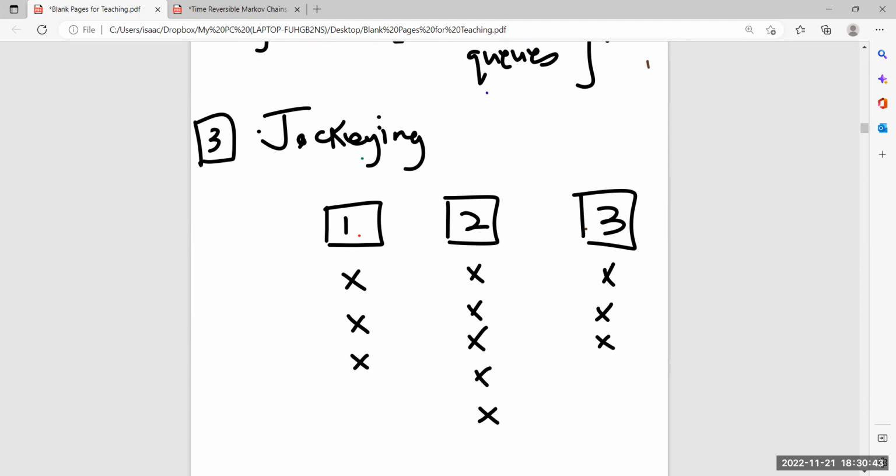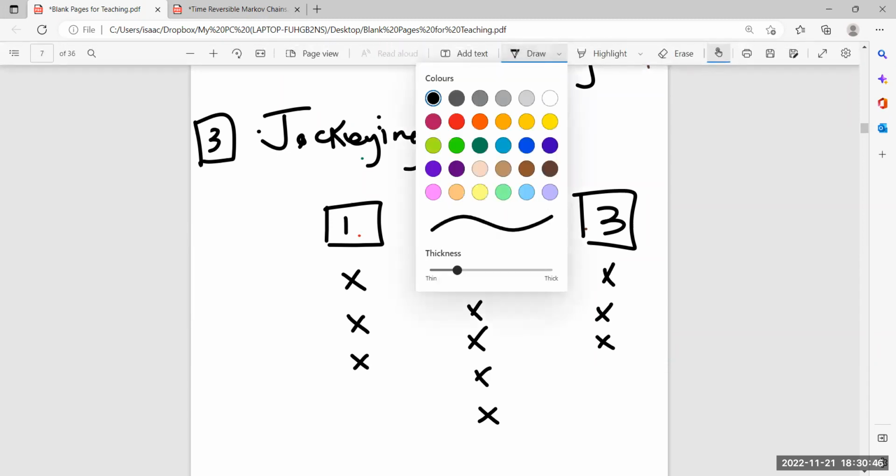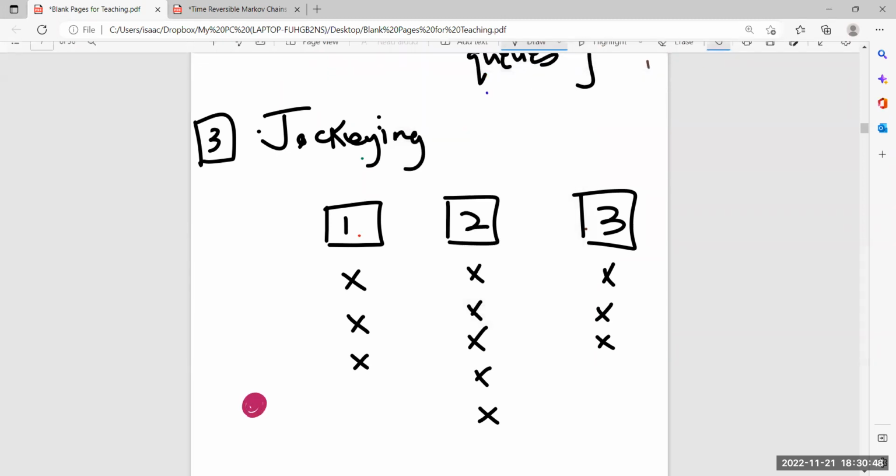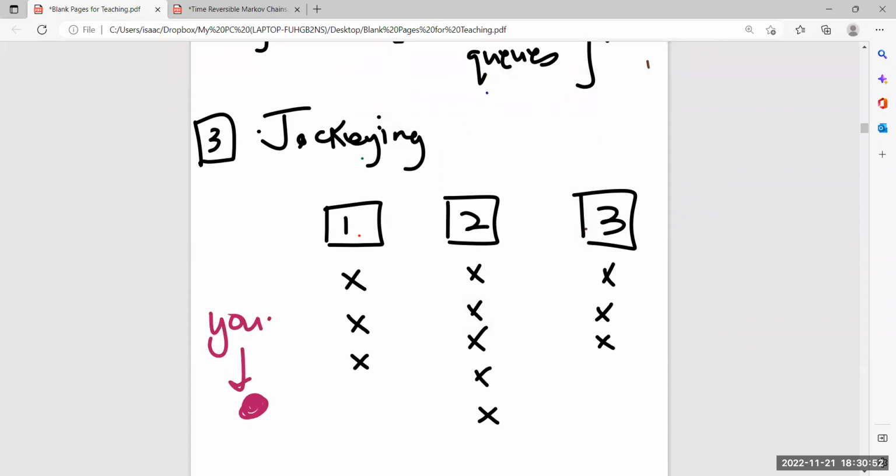Right? And you are the new person here. This is you. And you look at the entire system and you say, okay, I'm going to join here because this one is shorter. Then as you progress, you realize that the first cashier is taking a long time.